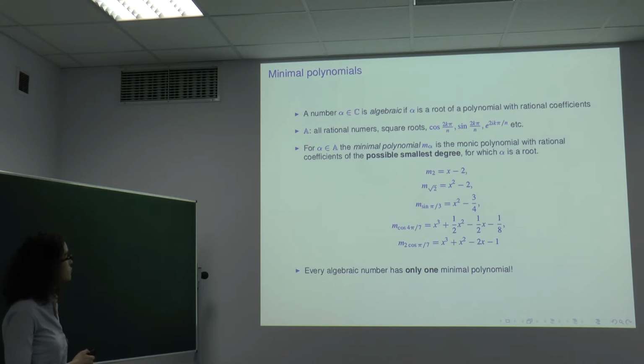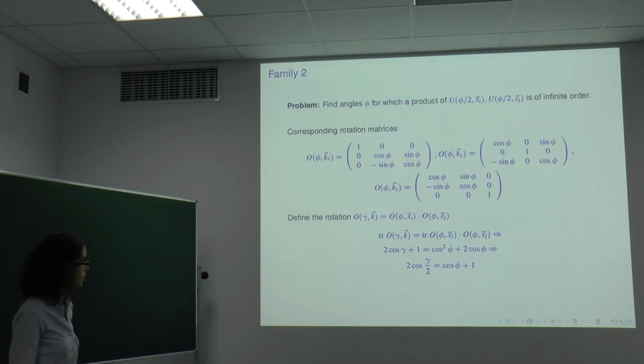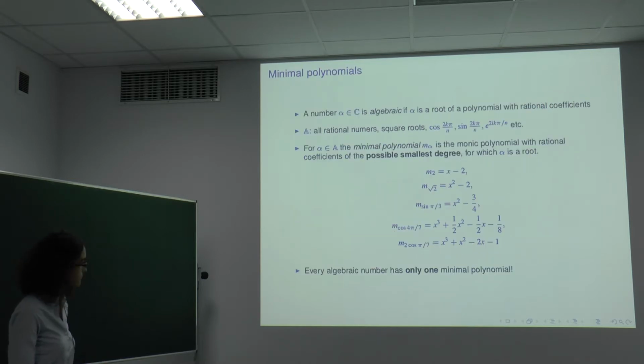The set of algebraic numbers is usually denoted by bold A. Examples of algebraic numbers are rational numbers, square roots, and, what is very important, trigonometric functions of angles that are rational multiples of pi. So this number is for sure an algebraic number, and this number also.